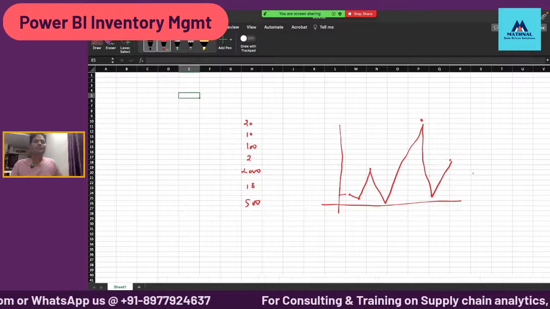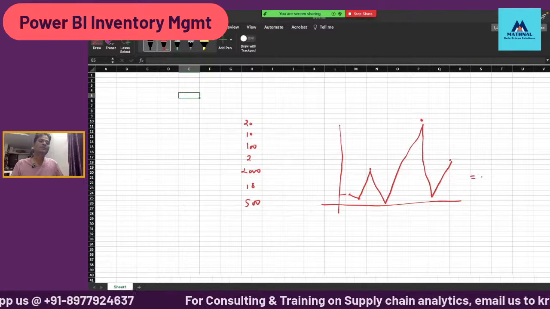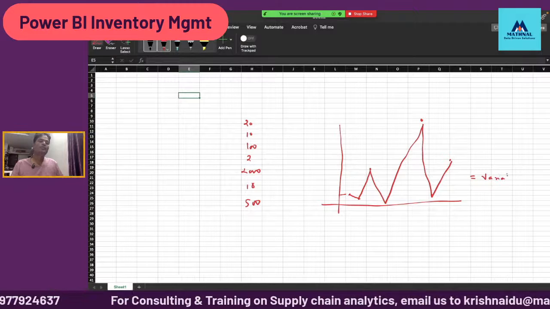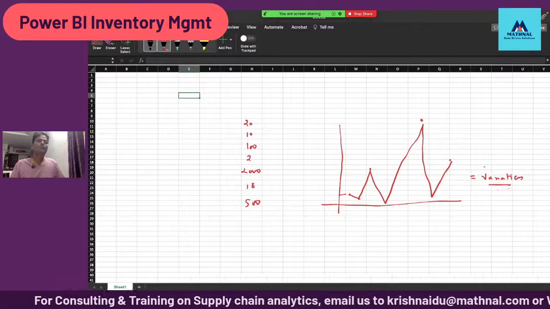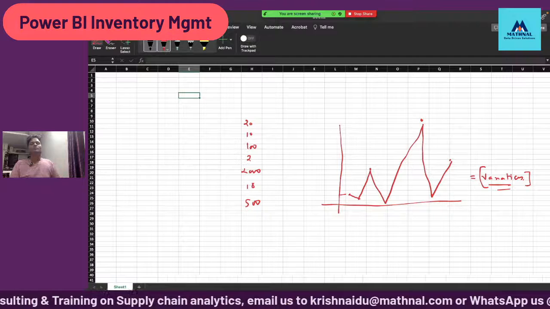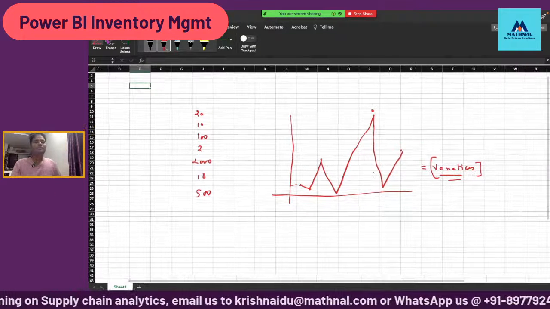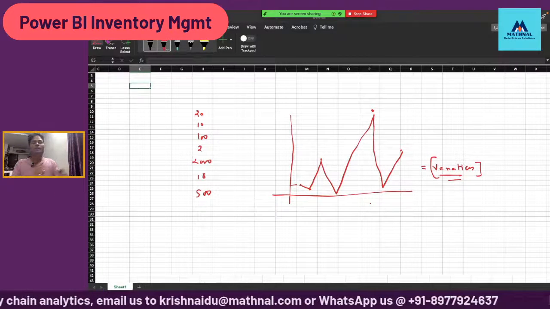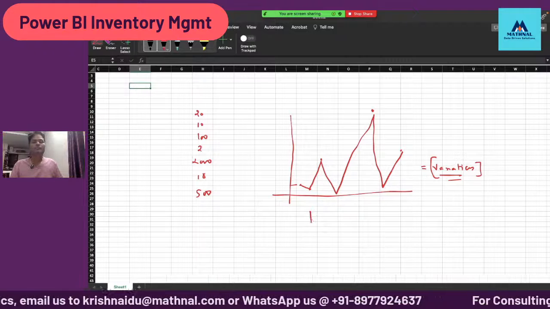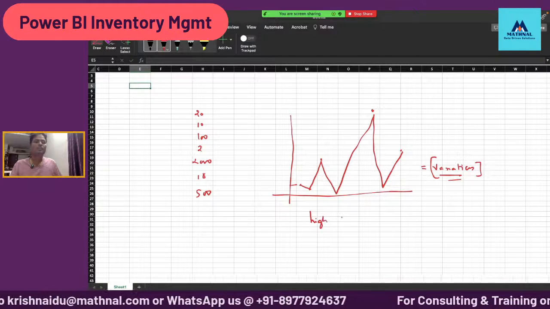If I join these plots, what we see in this graph is variability, variation. If we have high variation, what is going to happen?